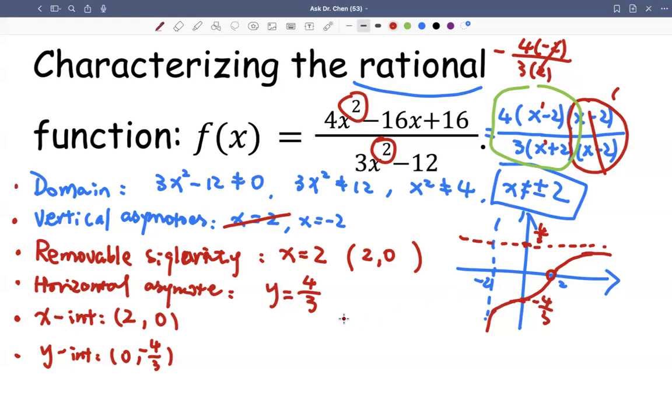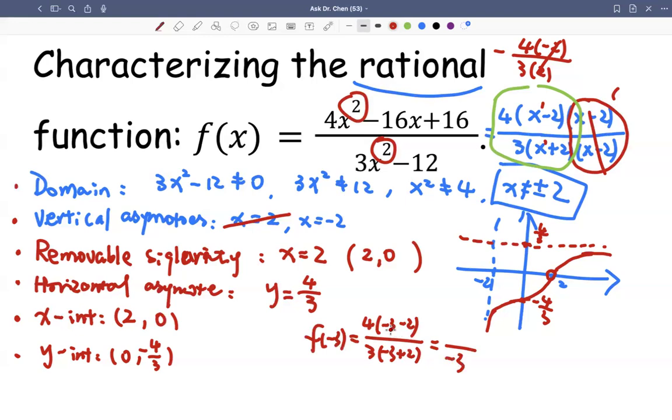Let's check f of -3. Because we want to find how to graph on this side, on the side of x equals -2. So we plug in 4 times -3 minus 2, over 3 times -3 plus 2. So we get -1, -3 for the denominator.